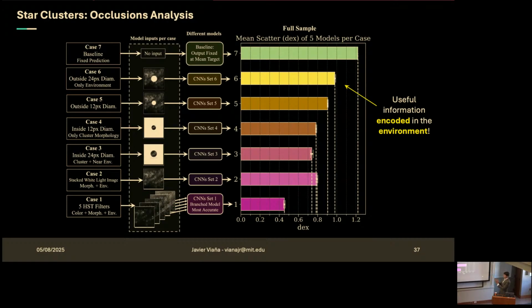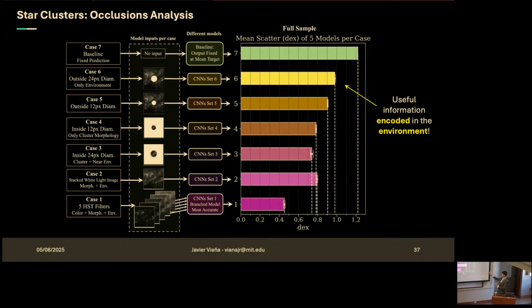When we collapse those 5 into a single stacked white light image, we just have morphology and environment. We train another CNN, and we obtain that performance, worse than the first. Then we have the 24 pixel diameter cluster plus near environment, we could say. And then we get another performance.